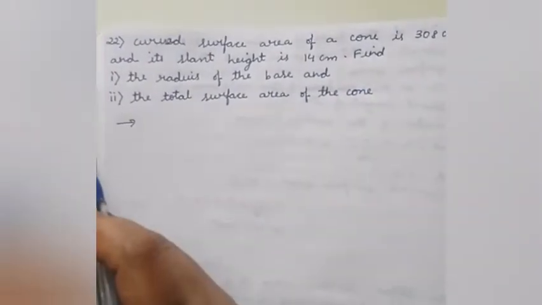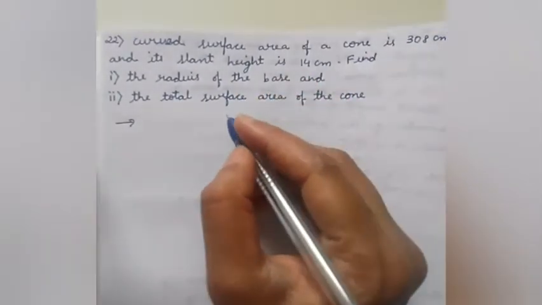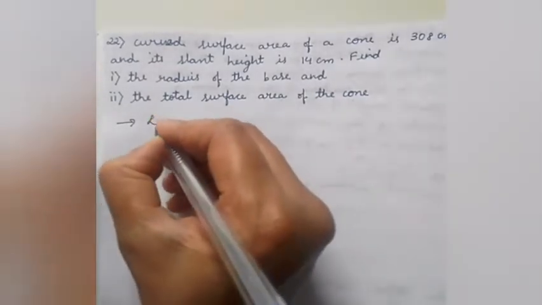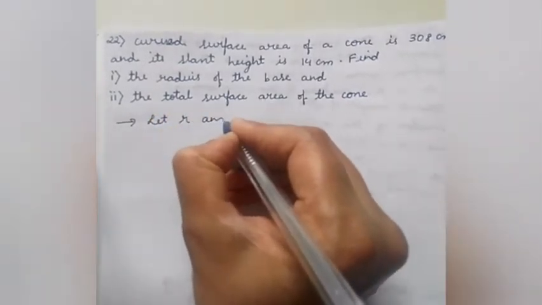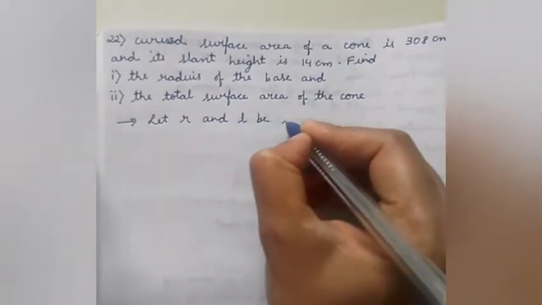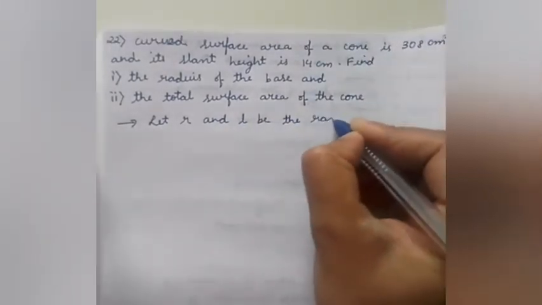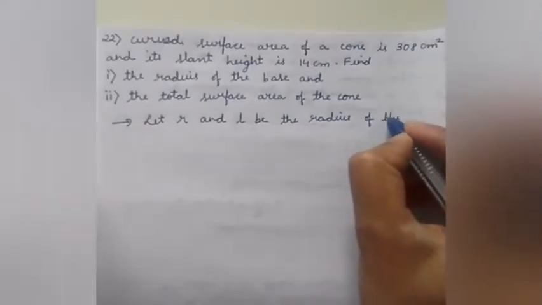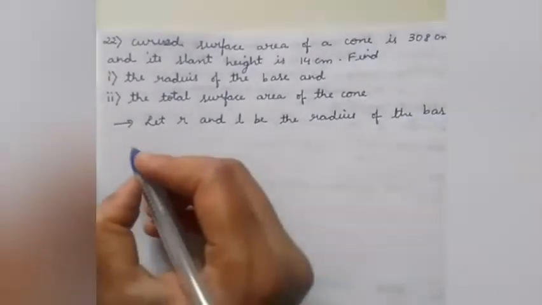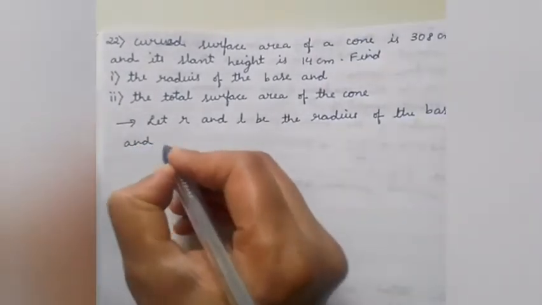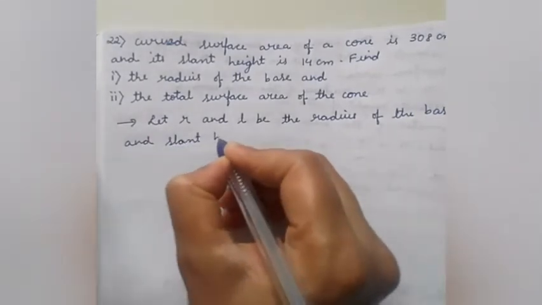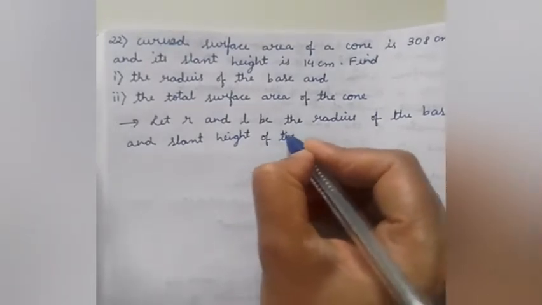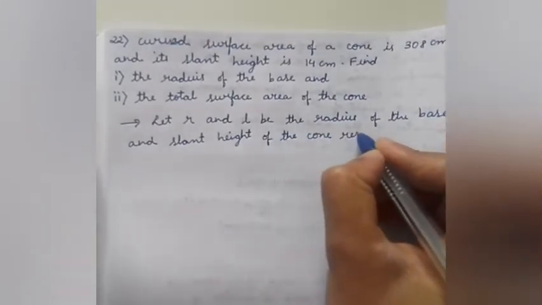Now in order to find the radius of the base, let us write down the given things. Let R and L be the radius of the base and slant height of the cone respectively.